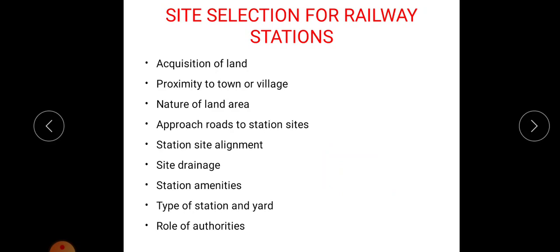Like that we have to select the site for a railway station. Next is nature of land area. The land area which we are choosing for constructing a railway station should be level ground. If it is level ground, it will be very safe. We are preferring level ground for convenience and safety.